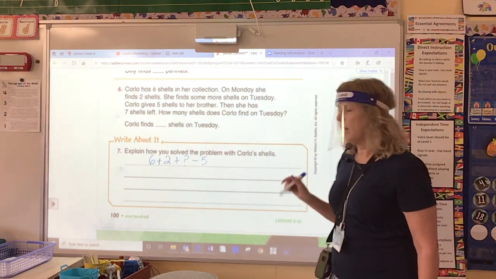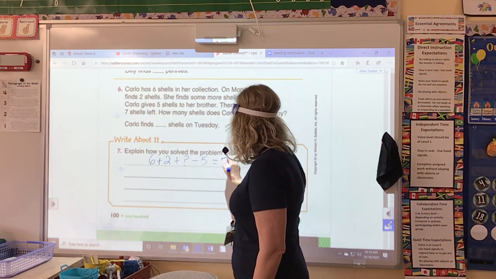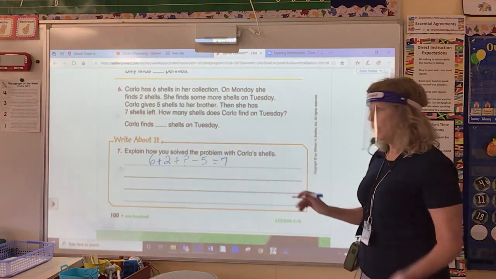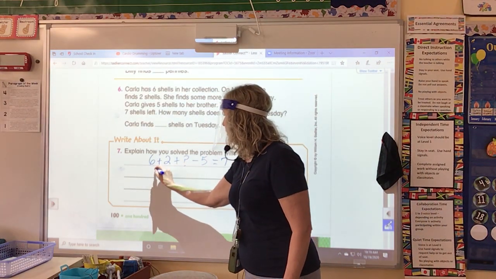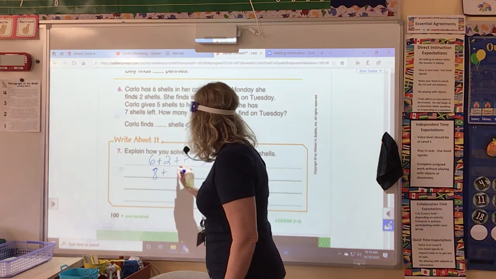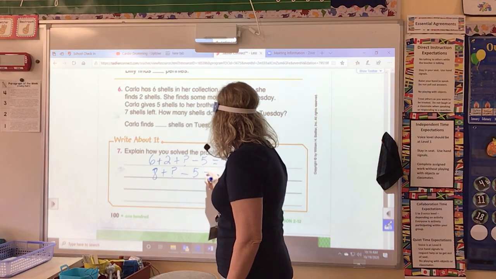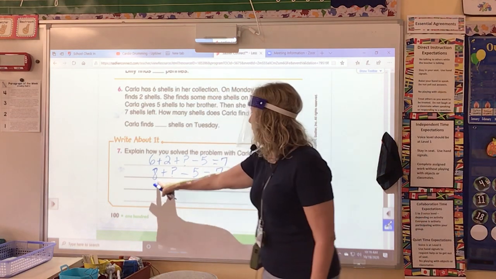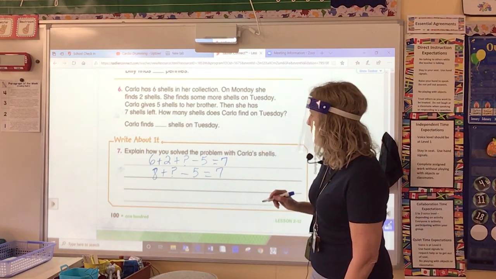What am I gonna do there, Connor? Equals 7. Okay, what do we know? So we know that 6 plus 2 equals 8. We still don't know what our question mark is. Minus 5 equals 7. All right, so what is 8 minus 5? 3.